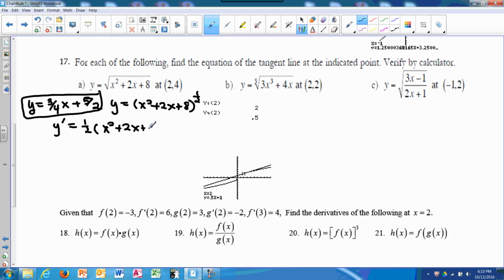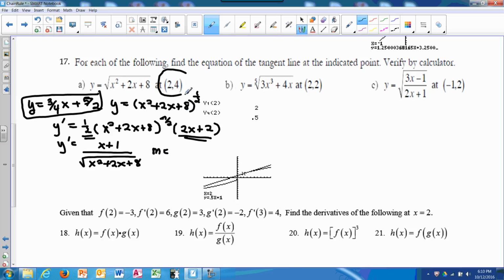I'm going to rewrite my equation, the given equation, not the tangent line, as y equals x squared plus 2x plus 8 to the 1/2 power. Y prime is then 1/2 x squared plus 2x plus 8 to the negative 1/2 power times the derivative of the inside, which is 2x plus 2.